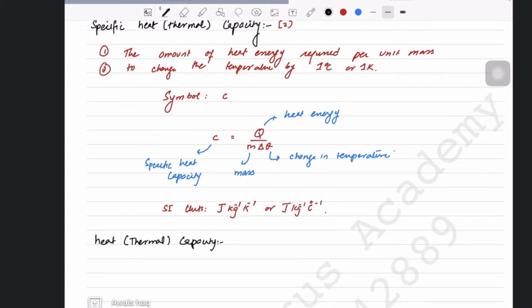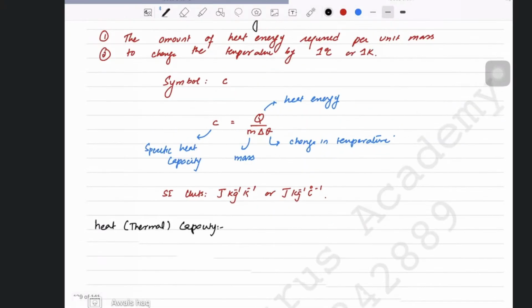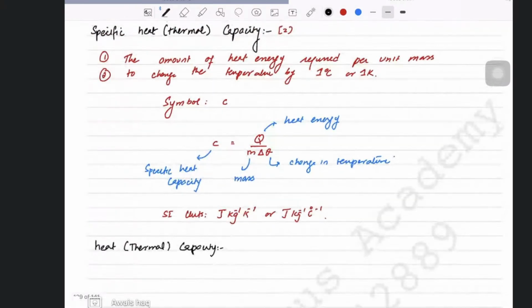A kg in an SI unit. If it's not SI, then obviously it could be 1 gram as well, doesn't matter. So the definition, should it be per unit mass or per 1 kg? Per unit mass already means that you're taking a unit of mass. Unit means 1 kg or gram.